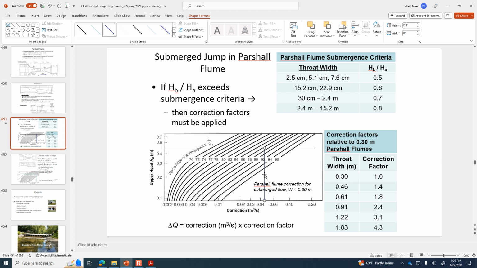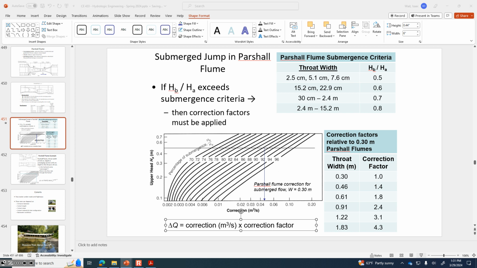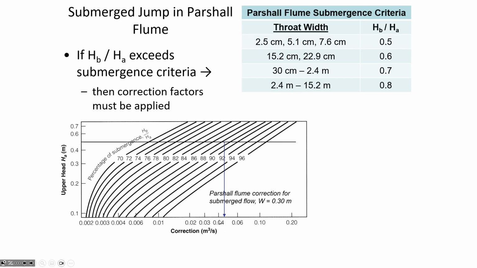Right. So when I previously have looked at where that intersects with the horizontal axis, I've said that looks like 0.044 cubic meters per second as the correction. You know, this is, once again, not a linear scale. It would make things a lot easier if it was a linear scale, but it's not.